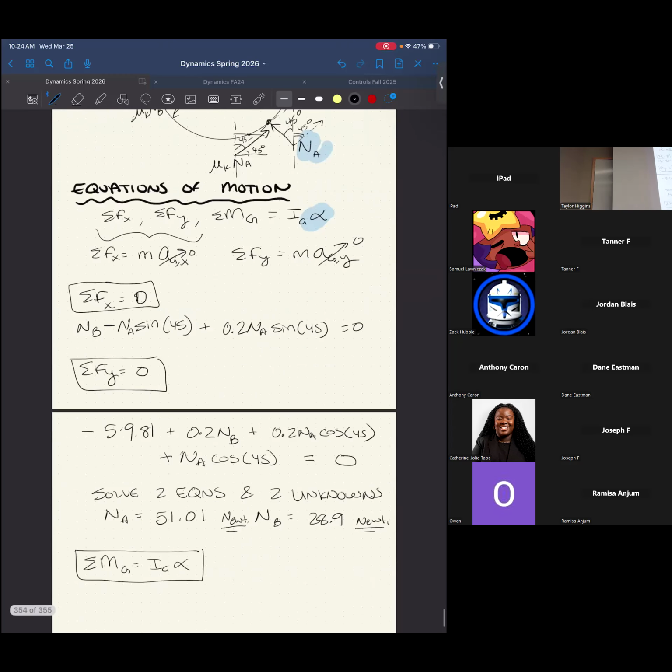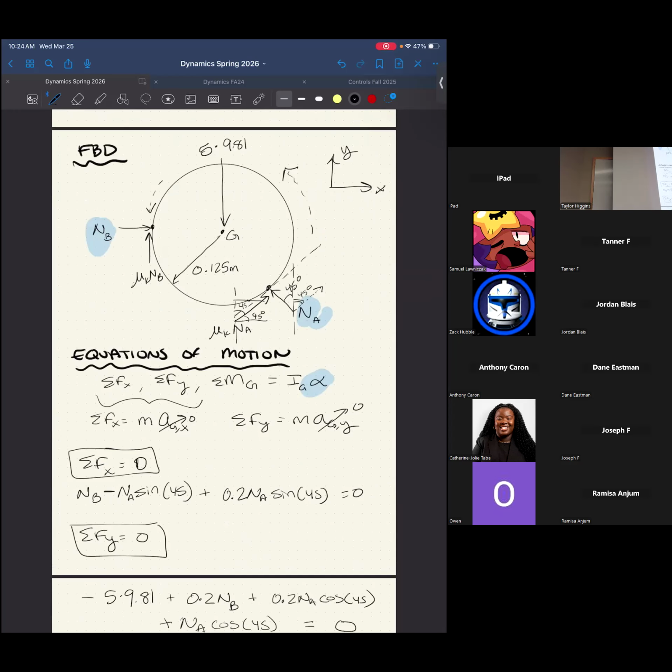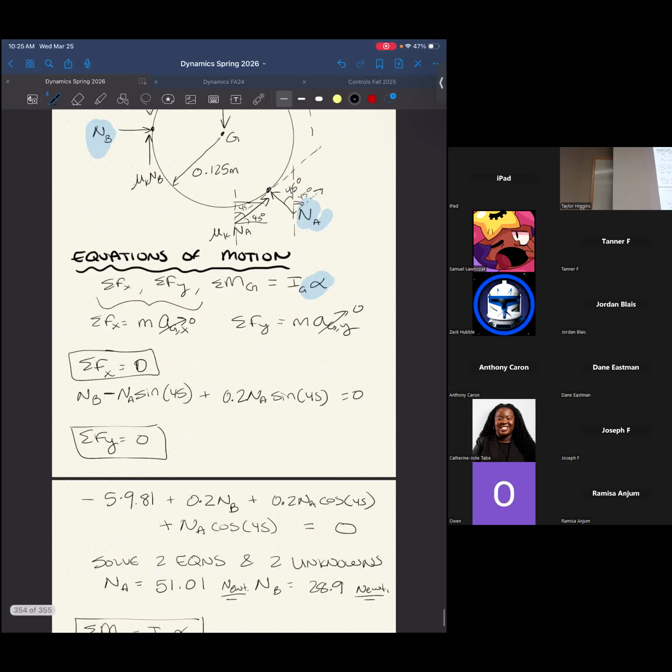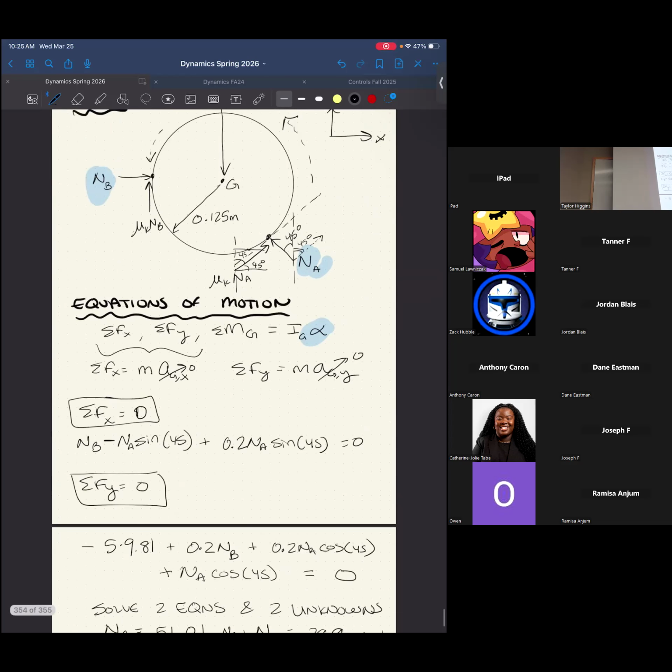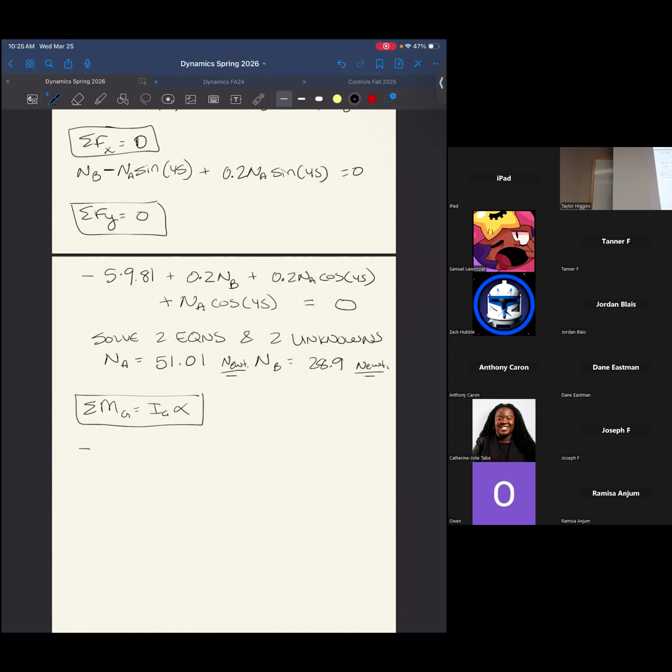Okay, so let's do the friction at B. Is that a positive or a negative moment? Negative. It's a negative moment. Very good. So we need minus mu K NB times 0.125.